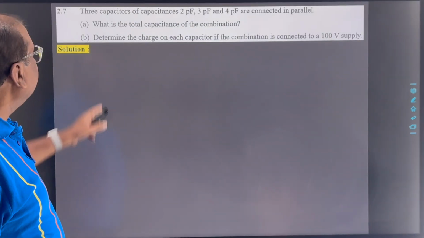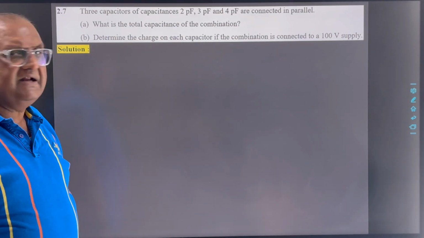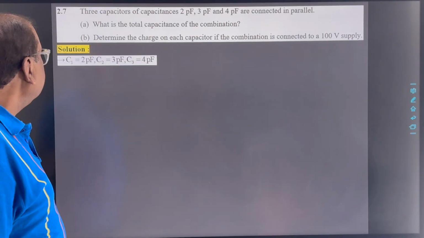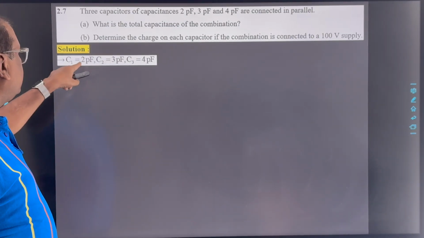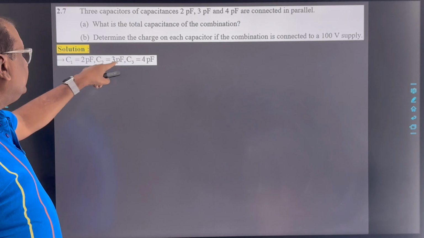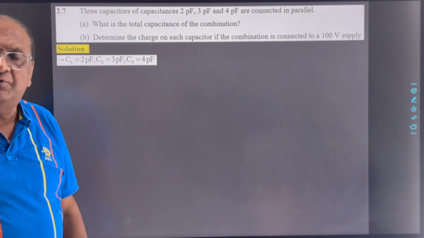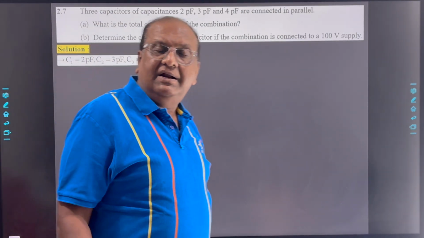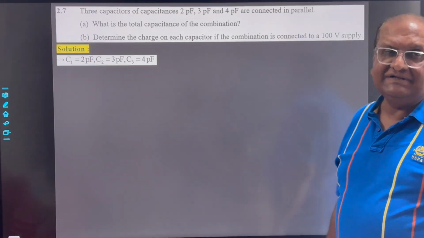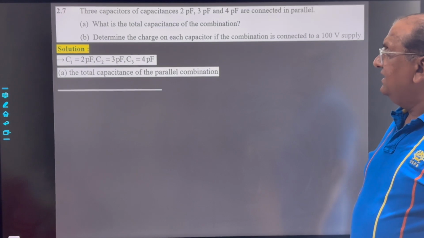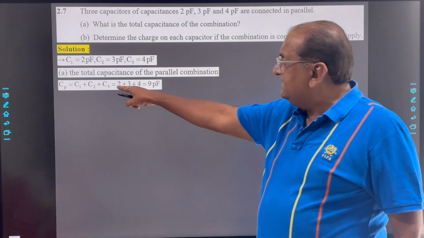Now see here, three capacitors are connected in parallel. So values are given to you. One is with 2 picofarad, second is with 3 picofarad, third is with 4 picofarad. In parallel combination, the resultant or equivalent capacitance is given by C1 plus C2 plus C3.